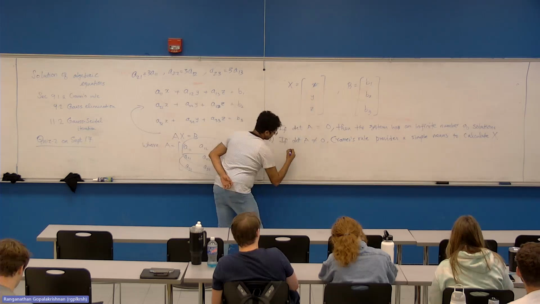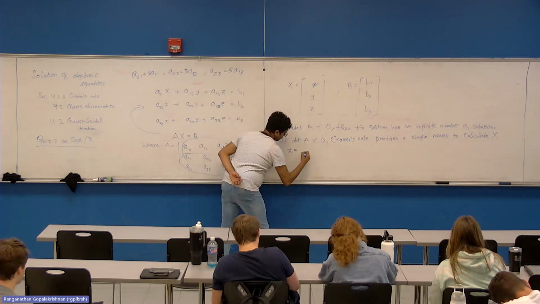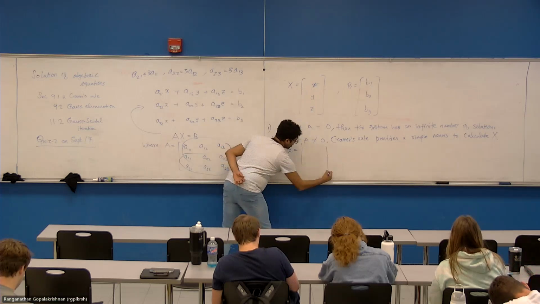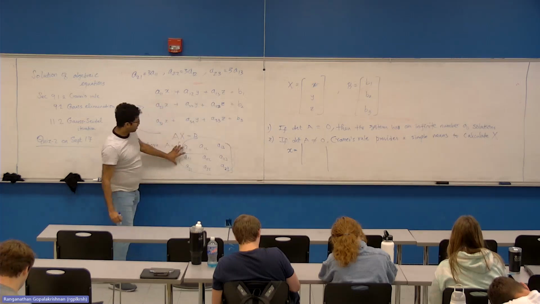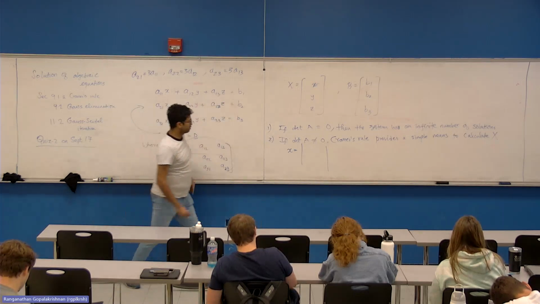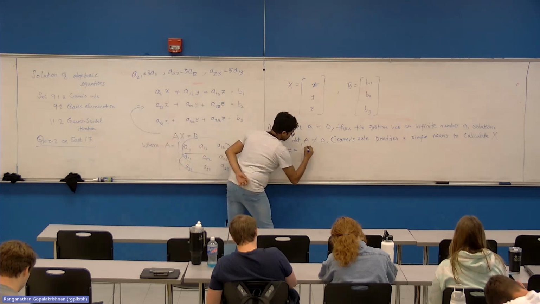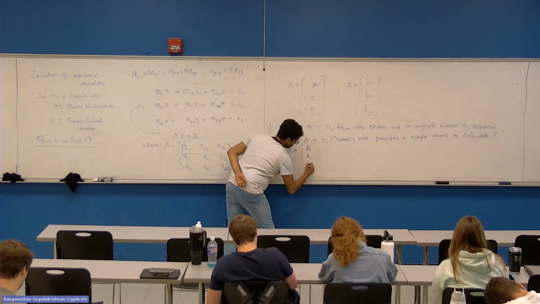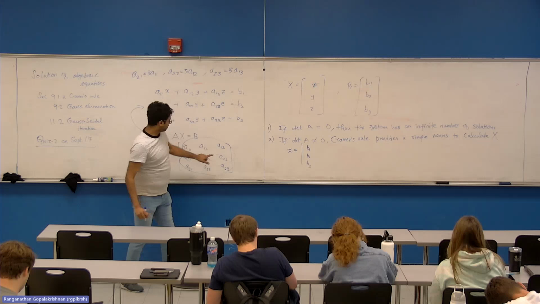That is, the first variable x is: take this matrix, replace the first column with B1, B2, B3, and keep the rest of it the same.